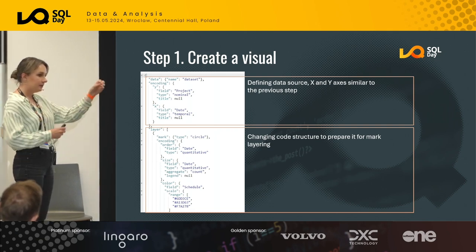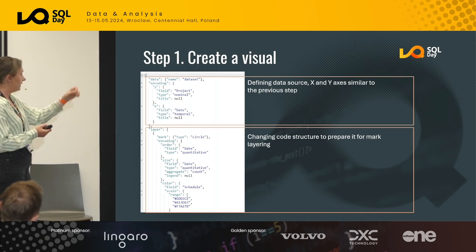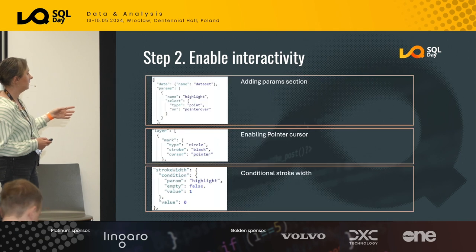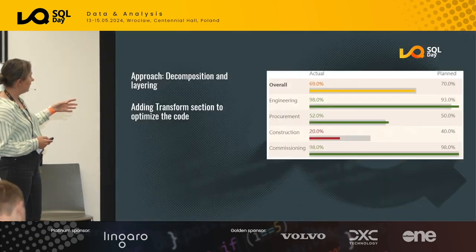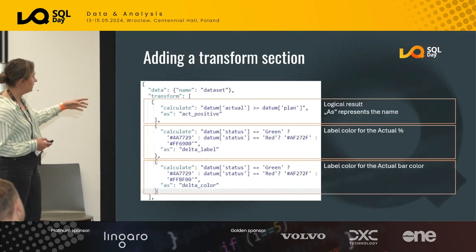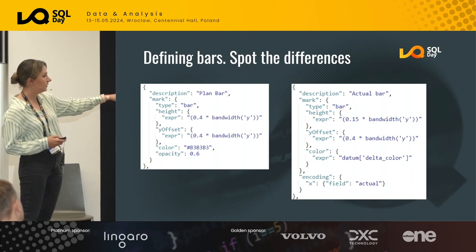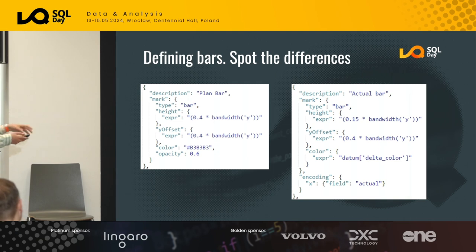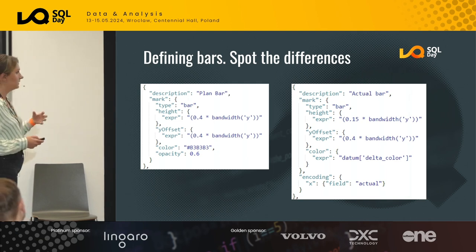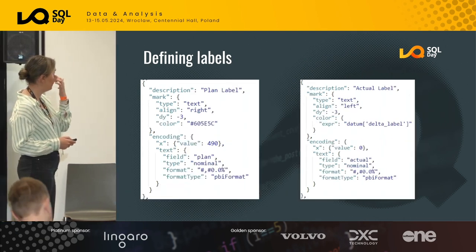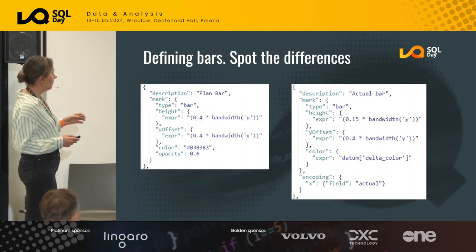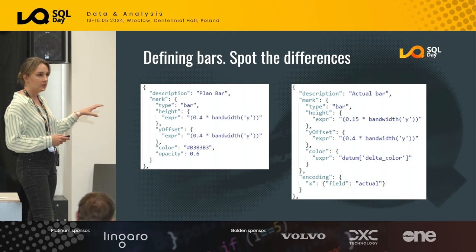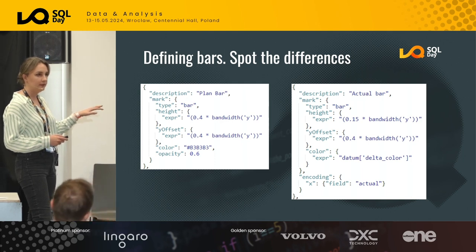This is because I layer the marks, and different marks in different layers can have different encoding, as in this example. So I would have a separate encoding section for my plan bar and say that I need a different field to be used as the source of the data for this bar. I would probably pause here, just in case you have some questions left, or if it is more or less clear.